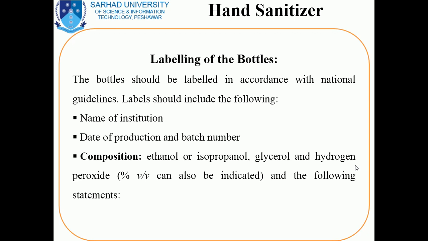The composition we should mention on the label is ethanol or isopropanol, also termed isopropyl alcohol, glycerol, and hydrogen peroxide. Percent weight, or volume by volume, can also be indicated, showing how much quantity or percentage we have used in the formulation.